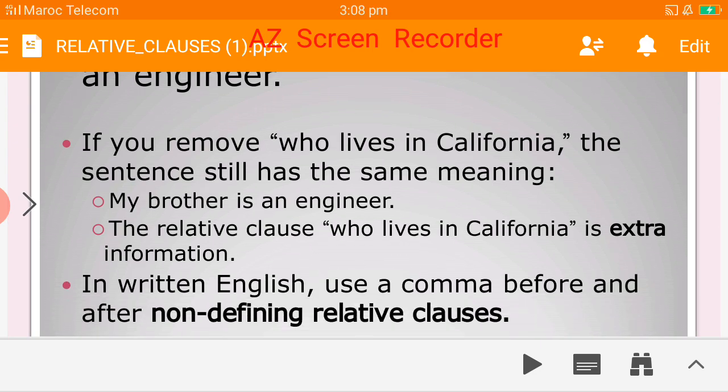I think it's very clear for you to distinguish between what is defining and what is non-defining relative clause. In written English, use a comma before and after non-defining relative clauses.